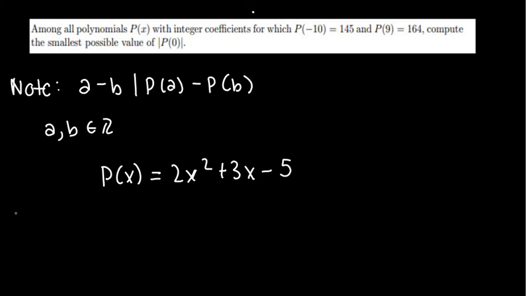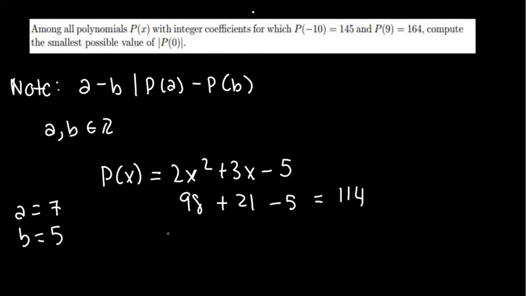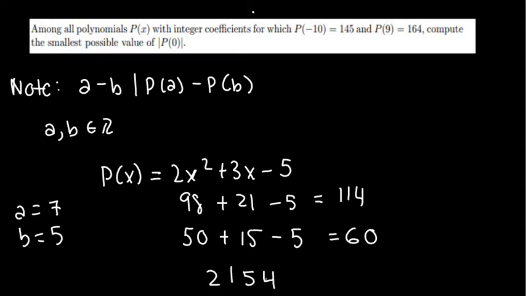And let's say we have a equal to 7 and b equal to 5. Then we have 98 plus 21 minus 5, which is equal to 114. And then 50 plus 15 minus 5, which is equal to 60. So 7 minus 5 is equal to 2, and 2 divides 54. 54 divided by 2 is equal to 27.